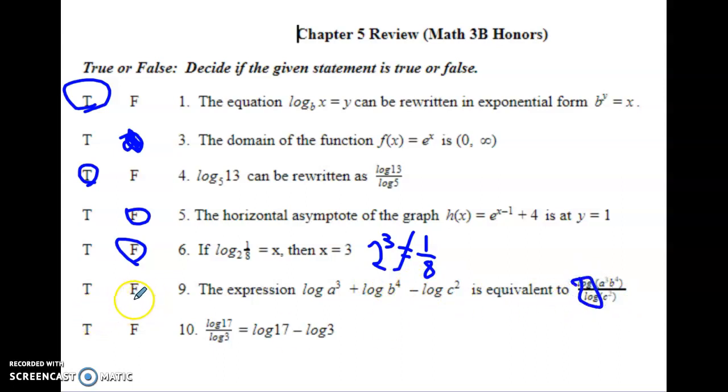So that part of it makes it false. And this one, log of 17 divided by log of 3, if you remember up here, that would mean log base 3 of 17, not subtraction. So that, again, is written wrong. You don't write log over log.